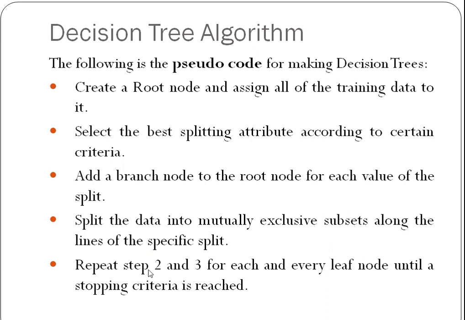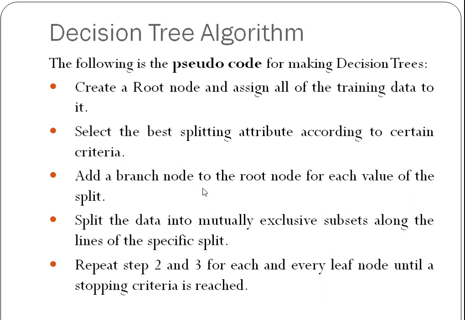Repeat steps 2 and 3: select the best splitting attribute, add a branch. As long as you keep on doing this, what is the stopping condition? There are some stopping conditions we will talk about. These two steps are repeated until certain criteria based on accuracy, size, or complexity tell us to stop creating more branches.